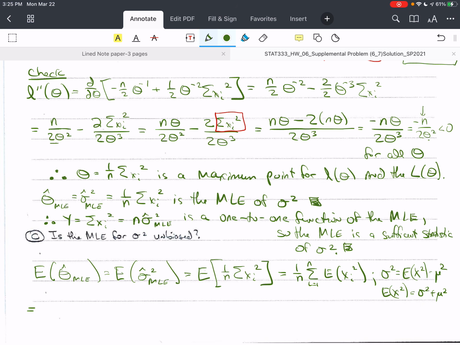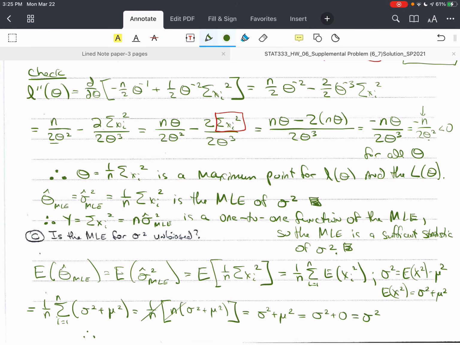So this is equal to 1 over n sum of σ squared plus μ squared equals 1 over n, and then I will have n times σ squared plus μ squared. They're constants. They don't have any subscript i. And so this n and this n are going to cancel out, and this is going to be σ squared plus μ squared. Oh wait, μ is equal to 0. Equals σ squared.